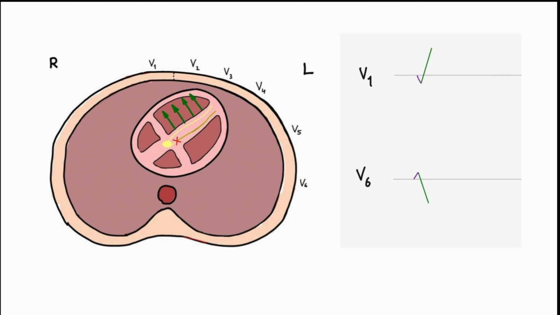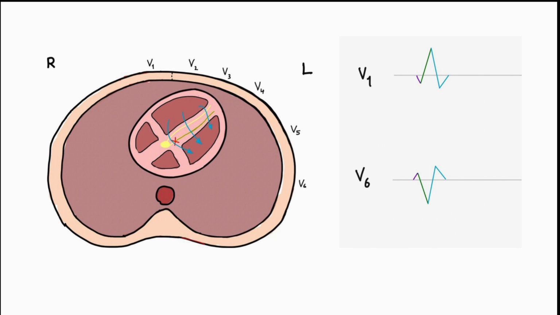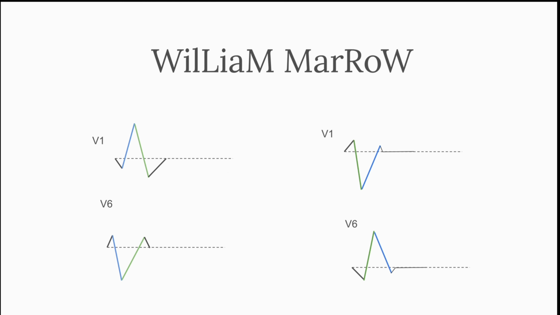Then just as we saw in right bundle branch block, this slow wave of depolarization traveling across the myocardium, spreading out, making that QRS broad and spelling out our William. And there it is, William Marrow.